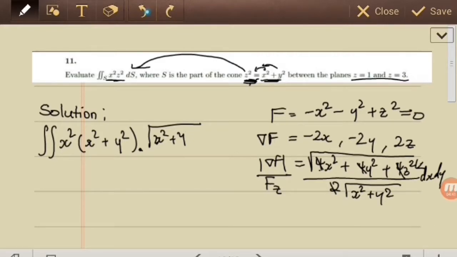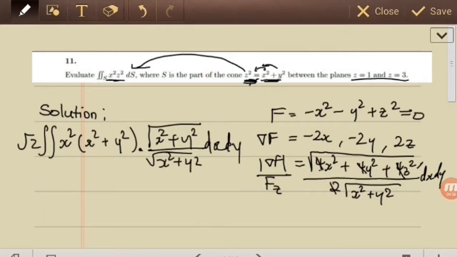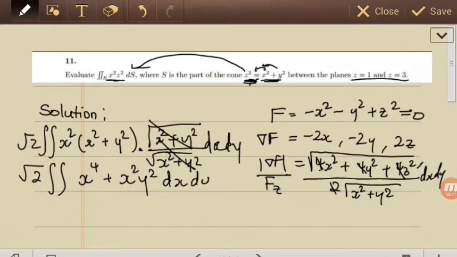Take out 2 as a common factor, we're left with 2 times x squared plus y squared, and then we divide by x squared plus y squared, obviously it cancels out and we're left with 1. Think about it, here we have now x to the 4 plus x squared y squared dx dy.